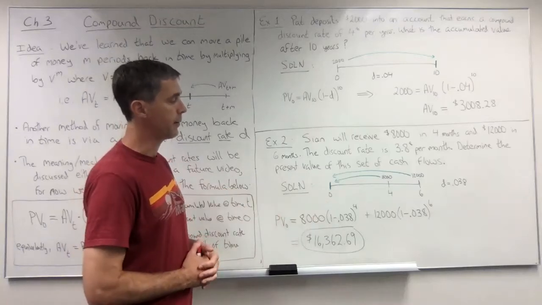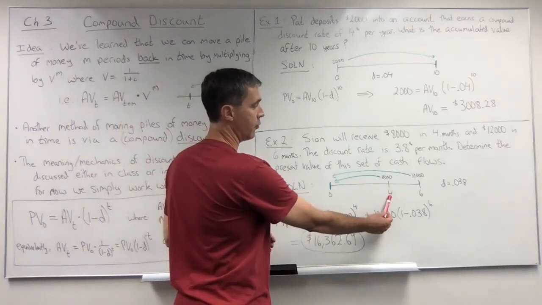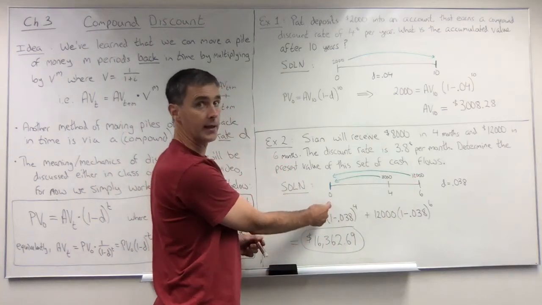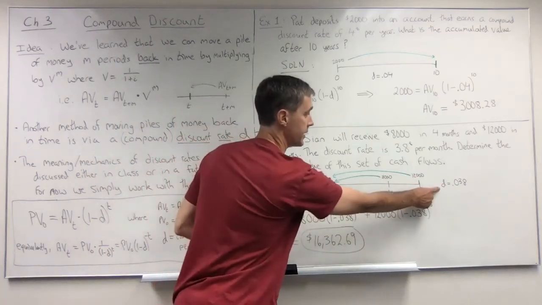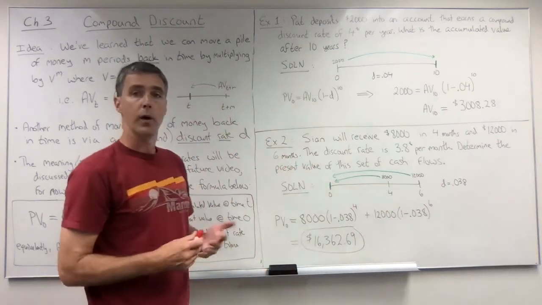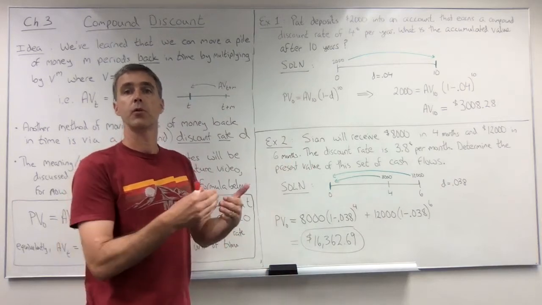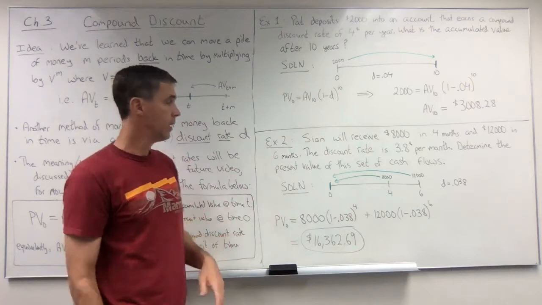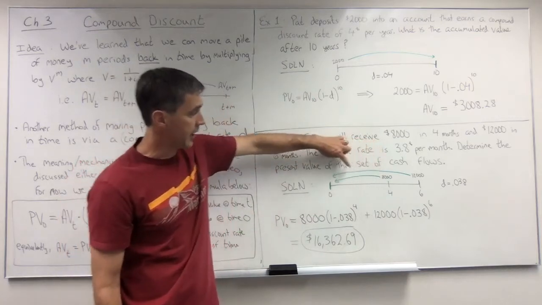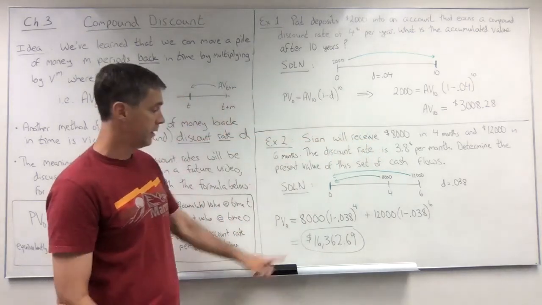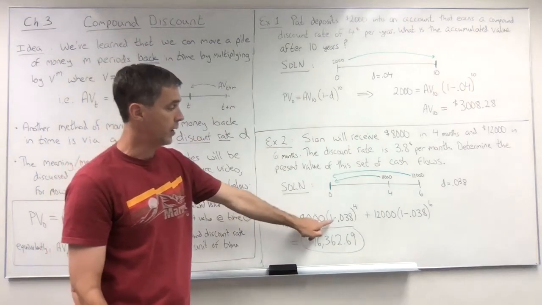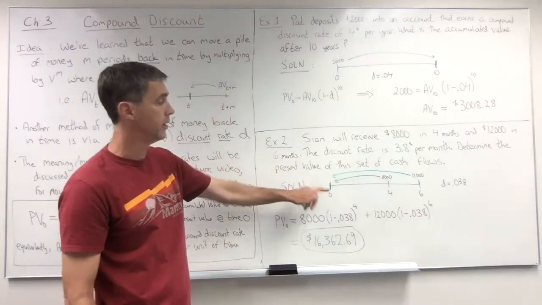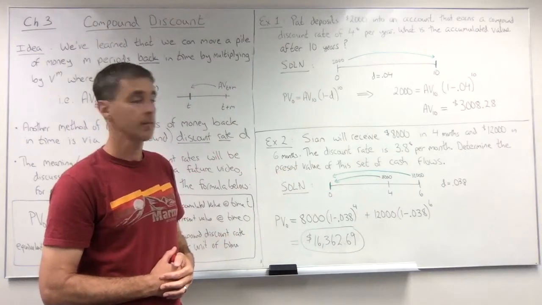Here's the time value diagram of money I had. At time 4, I get 8,000. At time 6, I get 12,000. And I'd like to bring them both back to time 0. And there's my discount rate. Much as we've seen before, I'm simply going to drag each pile of cash to where I want it and then add the results. The $8,000 has to get dragged back 4 time periods. So $8,000 times 1 minus d to the 4th drags an accumulated value back 4 time periods.